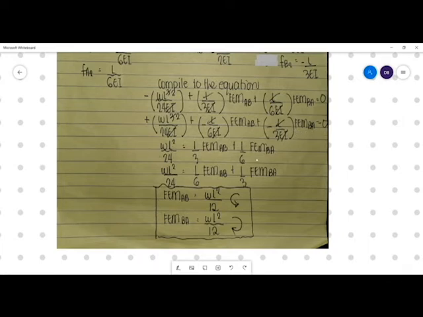Okay? So we'll arrive at this equation and then we are able to get the answers.